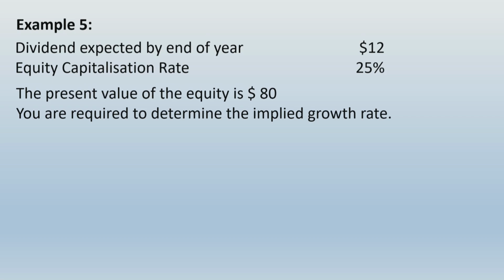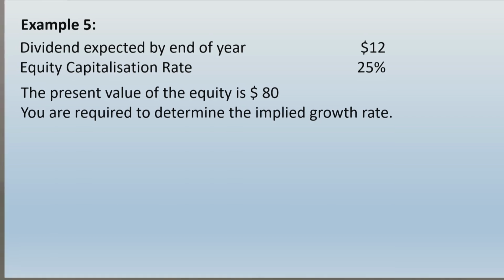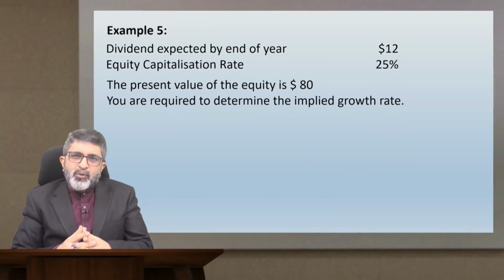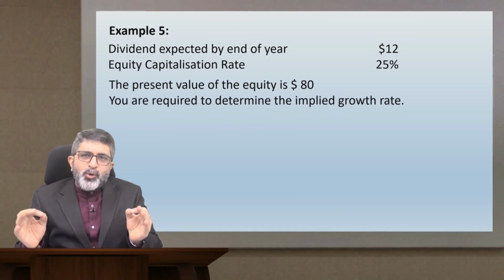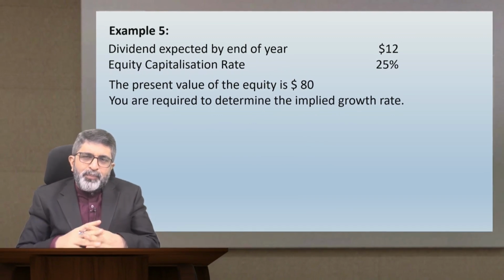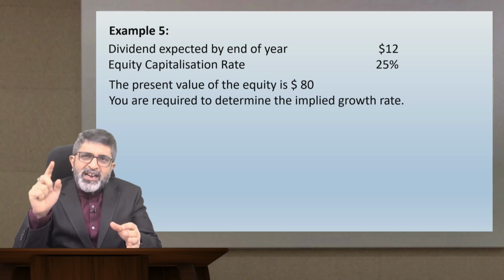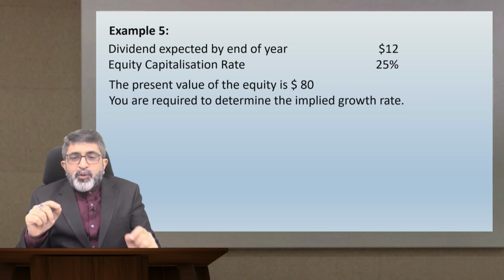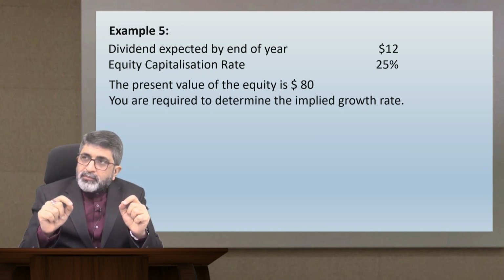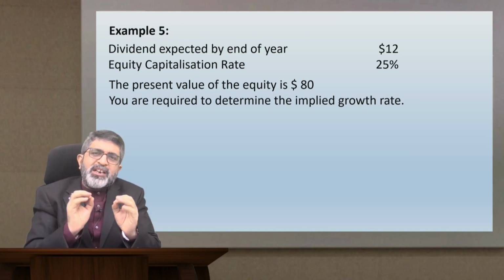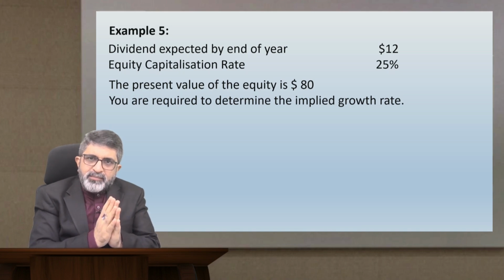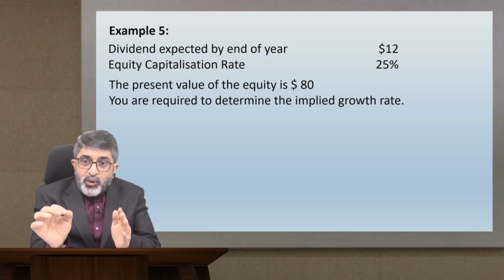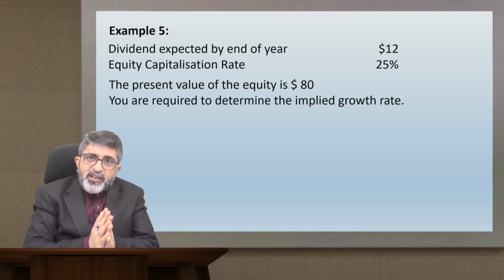So basically this is nothing but a reverse calculation kind of example. So you know how you determine the P0 value? P0 is D1 divided by KE minus G as per Gordon's model, correct? Look at one thing. Growth rate information is missing over here. P0 value is already given to you as $80.